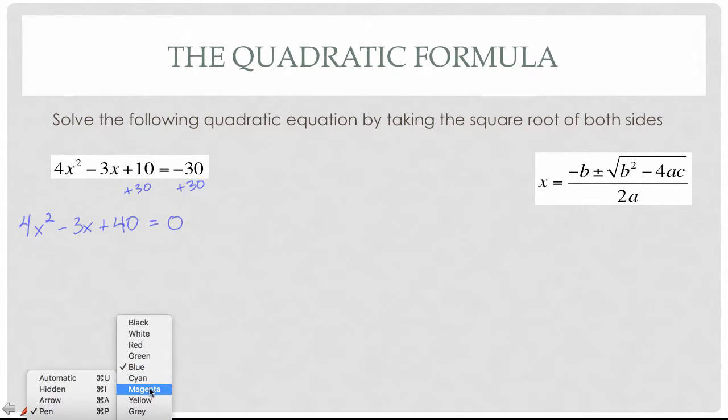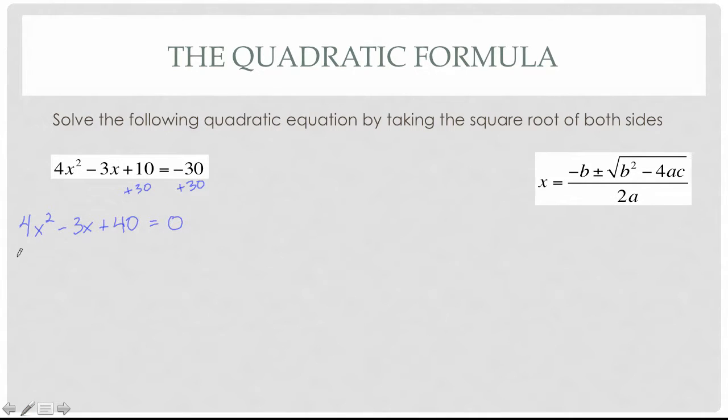Now, I've got to know my a's, b's, and c's, so let's find them out. A is 4, b is -3, and c is 40. I'm going to put those numbers in so that the a's, b's, and c's are all in the right spot. And we get my x values.